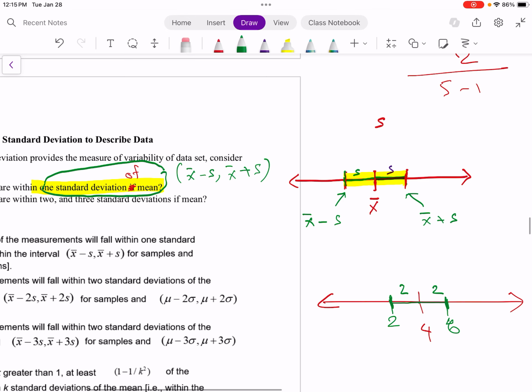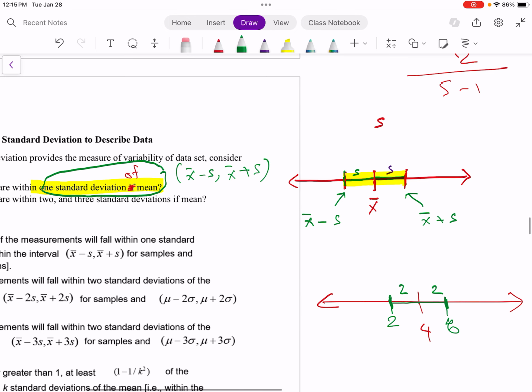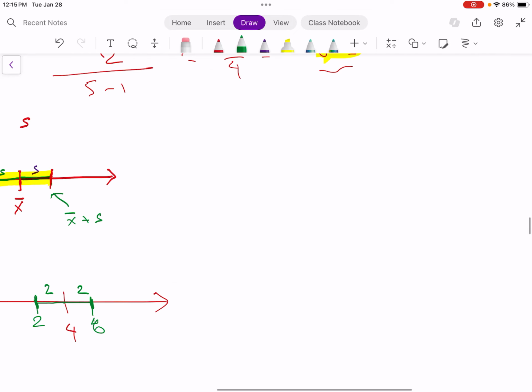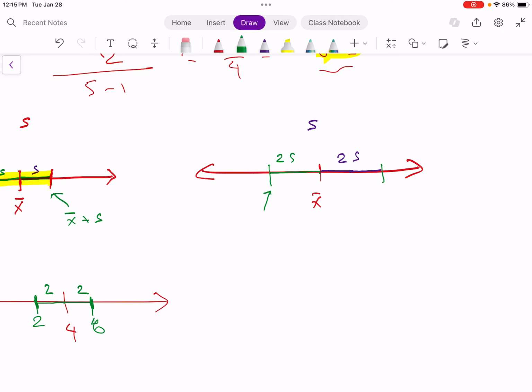In a similar way, we will also find the number of measurements within 2 standard deviations of the mean. We have a mean here, x bar. Two standard deviations means we go 2 standard deviations to the right. Our s is the standard deviation, so 2 standard deviations means 2s. We go 2s to the right and 2s to the left. What is the value of this point?